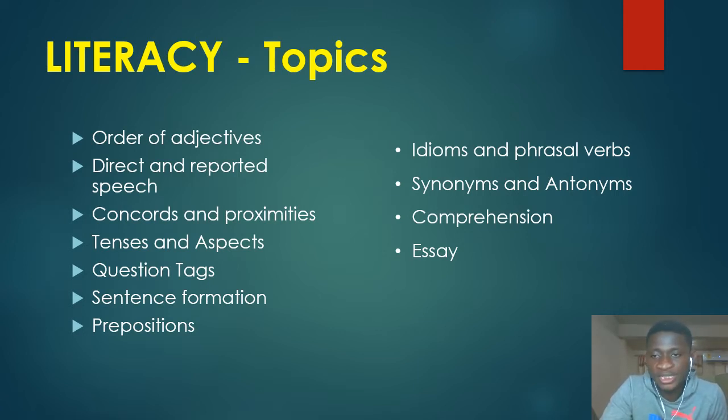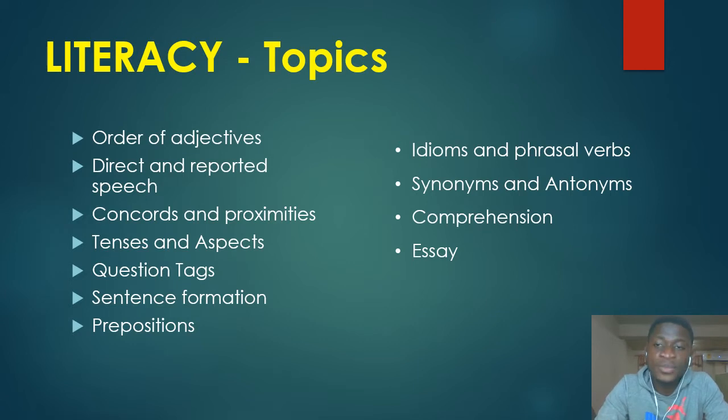For order of adjectives, we're looking at, "I have a beautiful brown bag." Beautiful and brown are adjectives qualifying the bag. What should come first? Should I say, "I have a brown beautiful bag," or "I have a beautiful brown bag"? This one is very simple because it's very common.